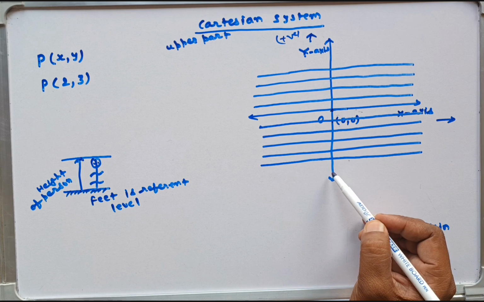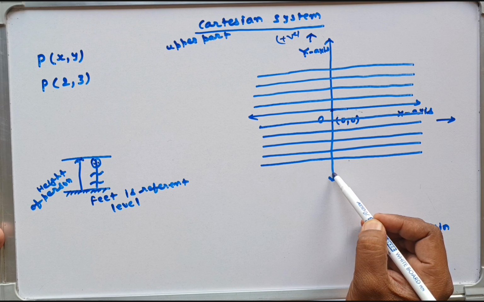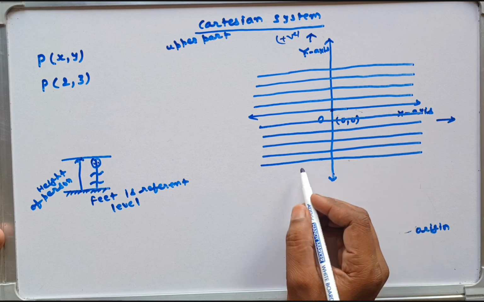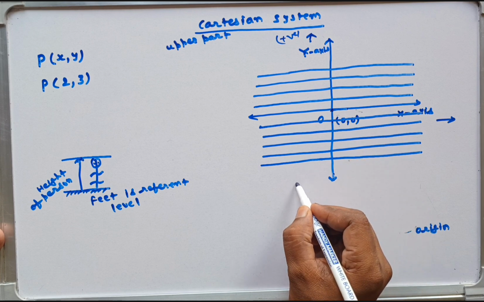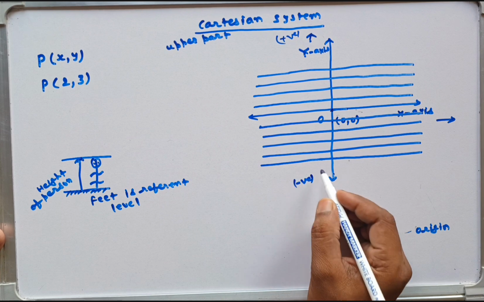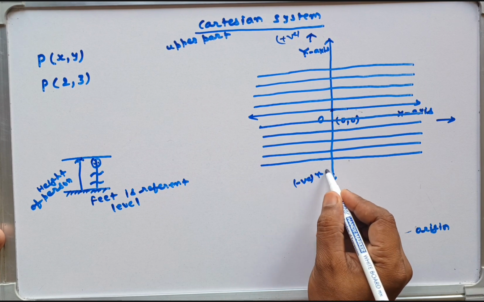As you know, we have assigned this line as the y-axis. So next we see this one is the negative y-axis.